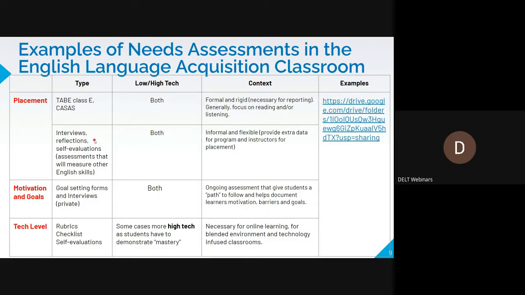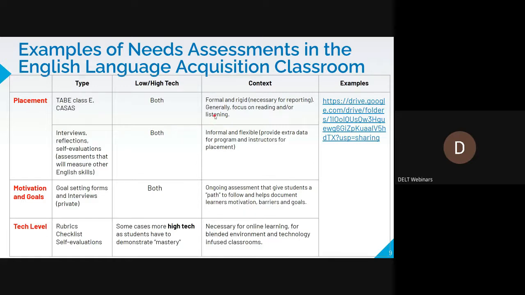These are all techniques that we use in our classroom, but it depends, right? Depending on the number of students, the support systems we have, and the access to technology, there are so many factors that impact our instruction. They can both work, low tech or high tech. Some of them are more rigid or more standardized, like the tests that we need for reporting.